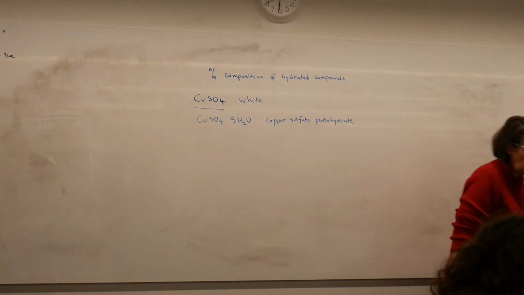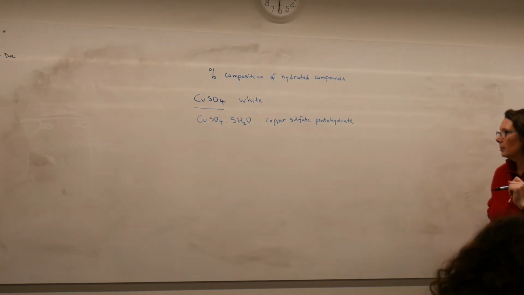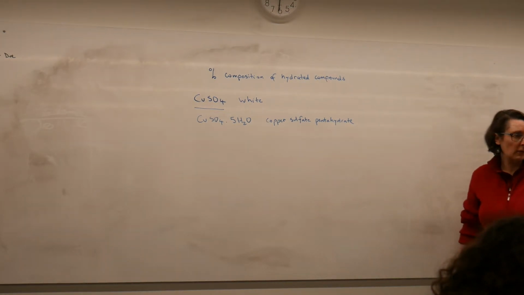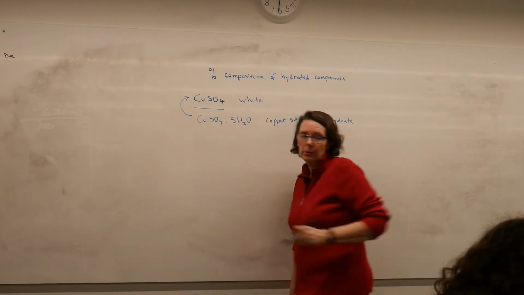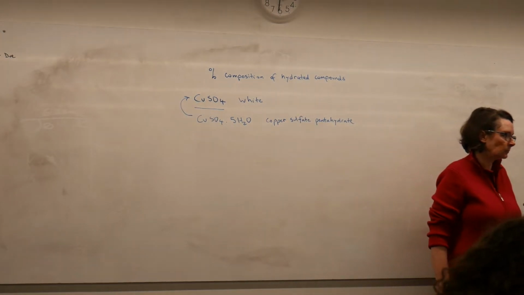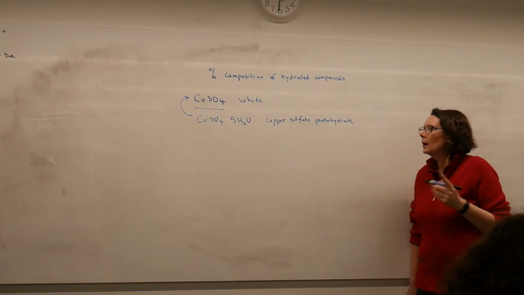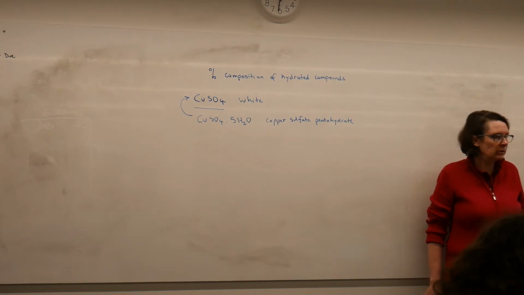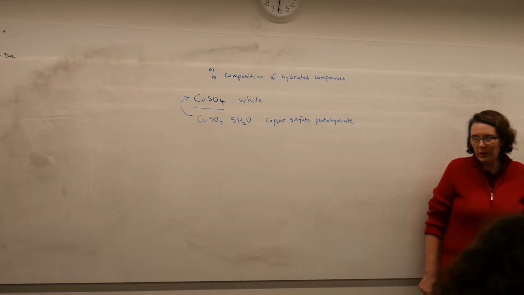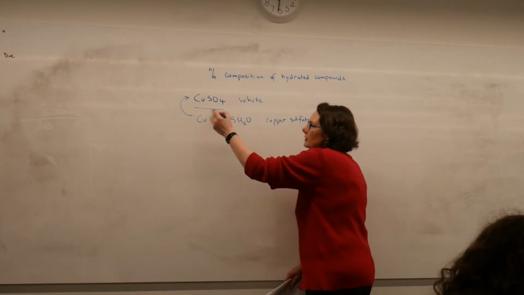We can heat up the copper sulfate pentahydrate and drive the water molecules out of the lattice, and we would end up with white copper sulfate remaining. Now, for our questions, if it tells us we're using copper sulfate, we're just going to write this.